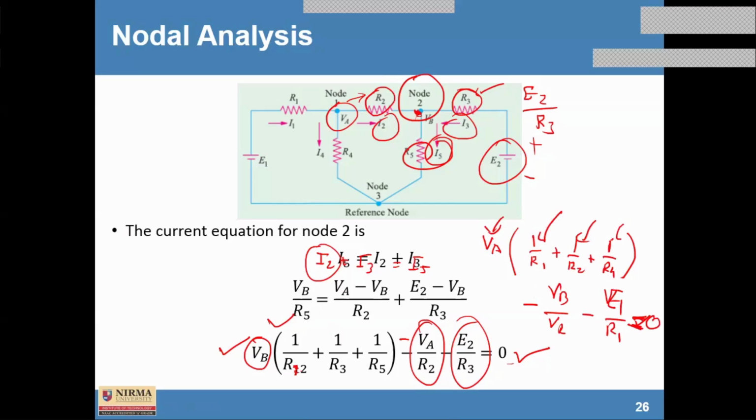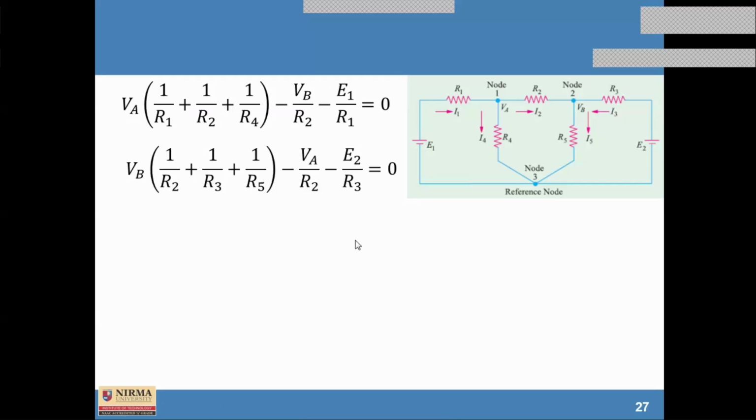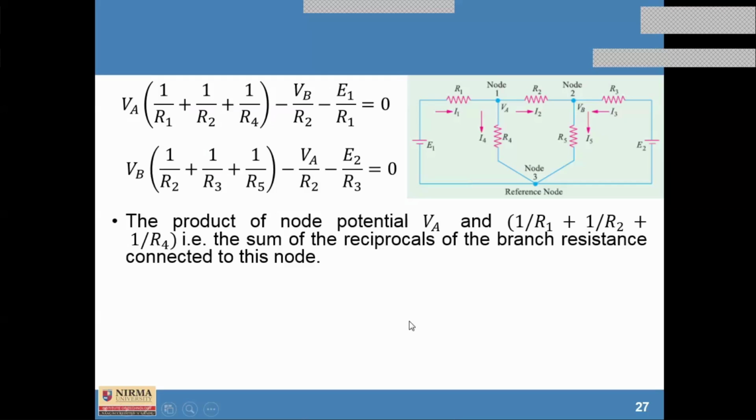Clear? So in the equations, there are only voltage equations here. And from solving this, we can write the expression of VA at node 1 and VB at node 2, right? So after writing this, there are certain conclusions which we can write.